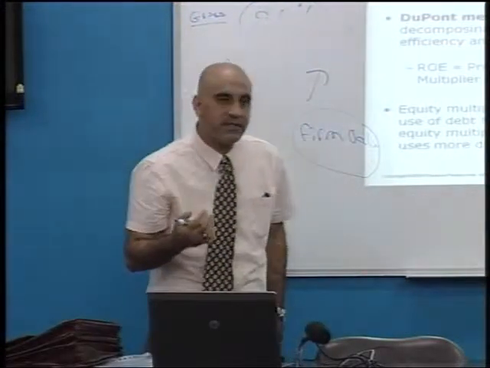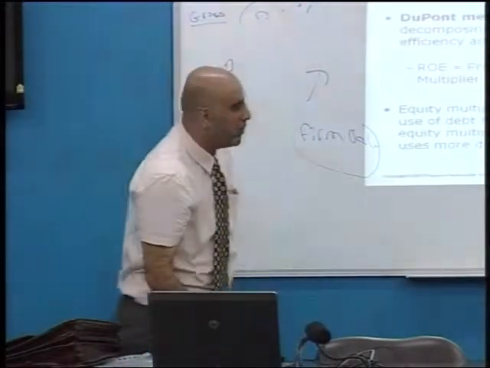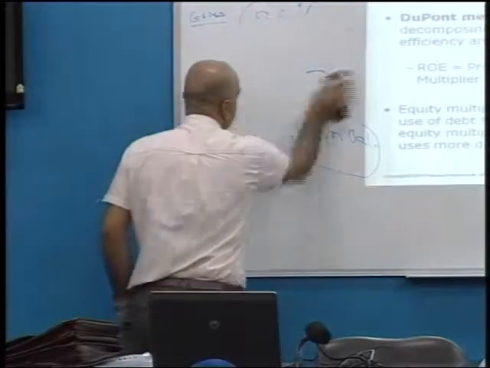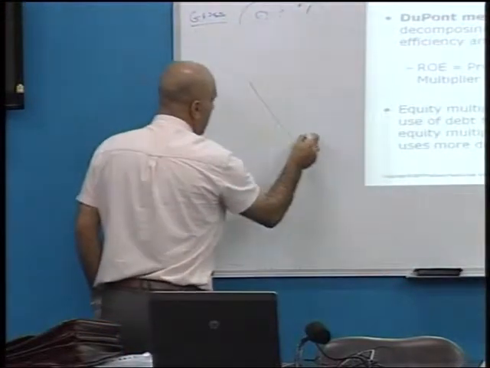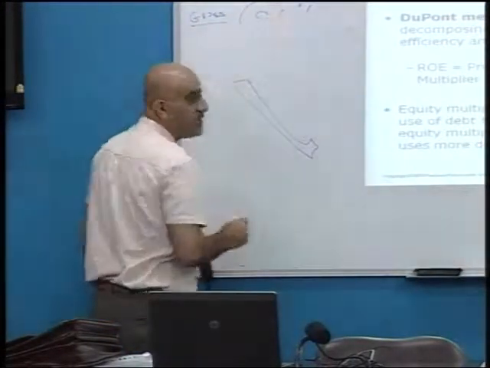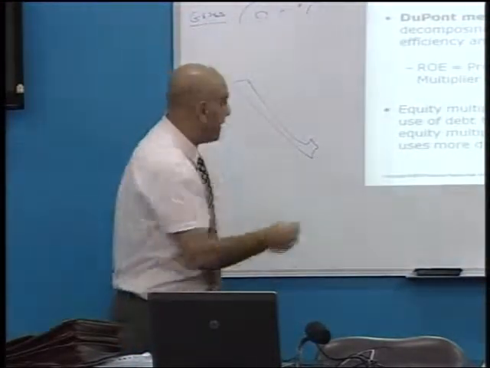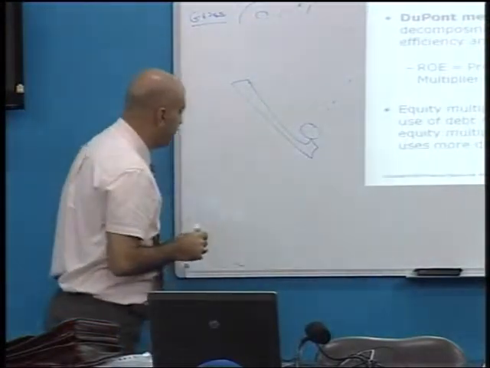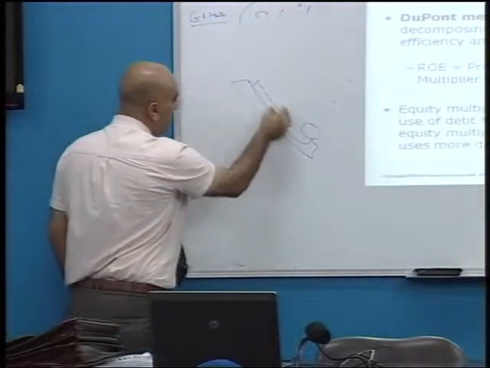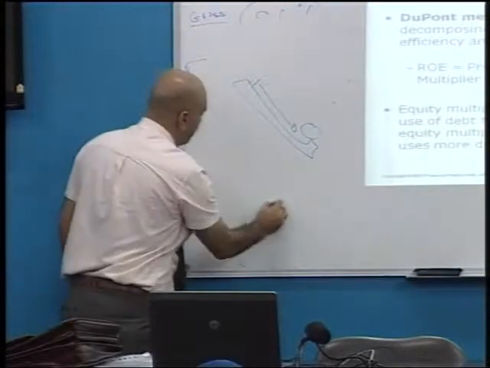And I explained this in financial analysis. When we talk about the leverage ratios, it is like this. We have the stick, and here we have the ball to kick.